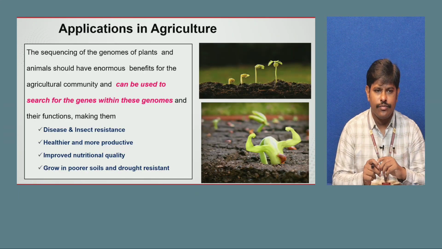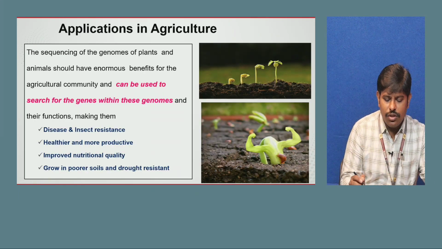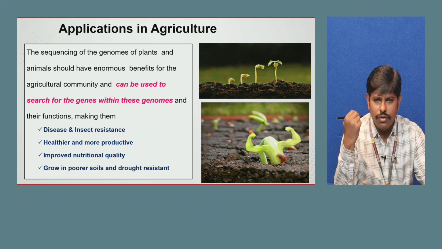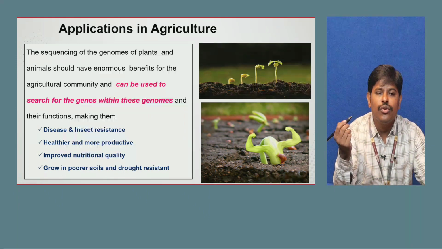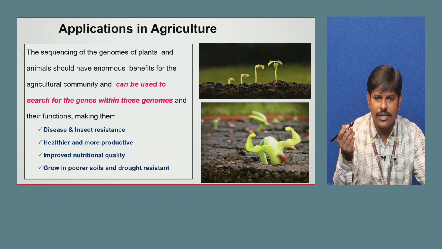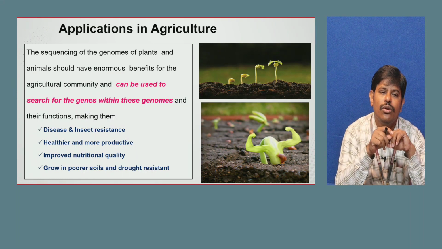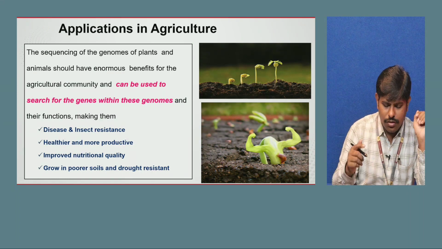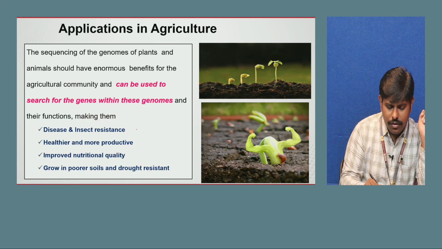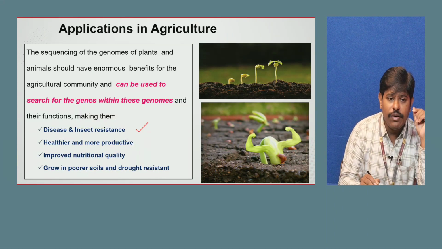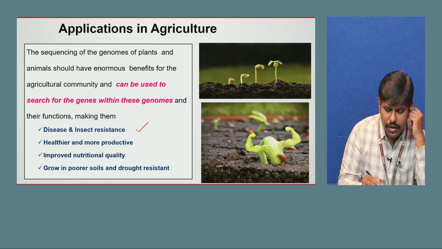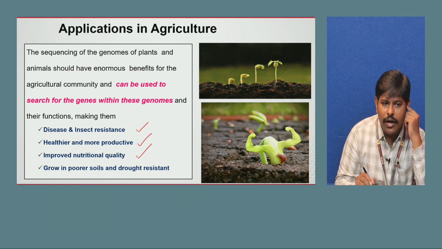So in agriculture, the ultimate goal is to improve the crops and plants which provide nourishment to us. One goal will be to cultivate disease and insect resistant plants, healthier, more productive, with more nutritional quality, and plants that are able to tolerate drought and grow in poor soils.